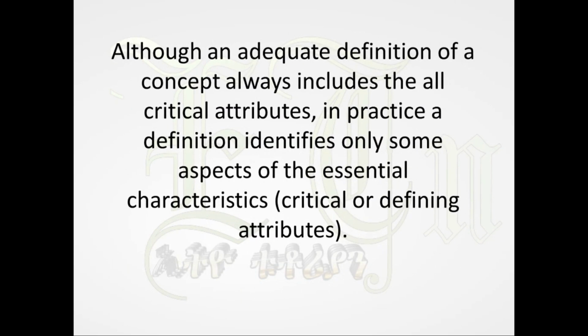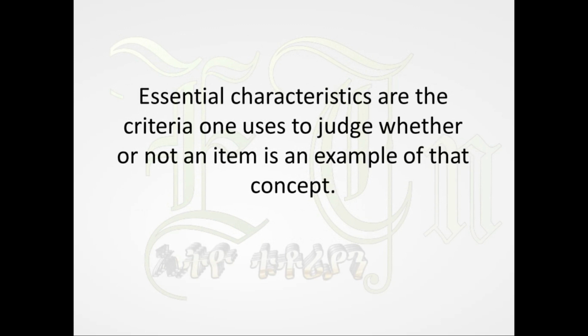Although an adequate definition of a concept always includes all the critical attributes, in practice a definition identifies only some aspects of the essential characteristics, the critical or defining attributes. Essential characteristics are the criteria one uses to judge whether or not an item is an example of that concept.